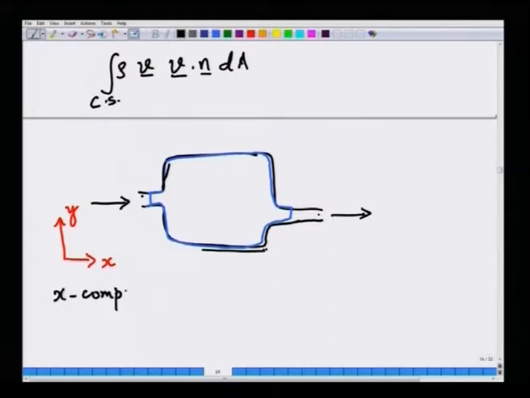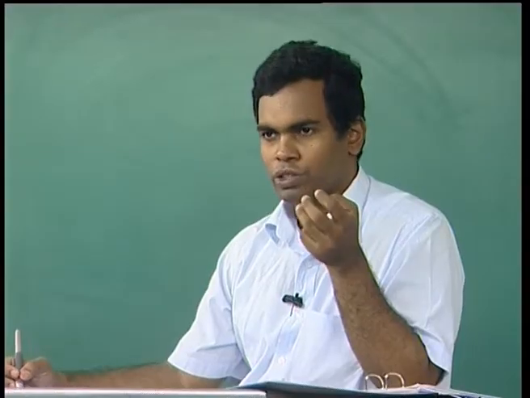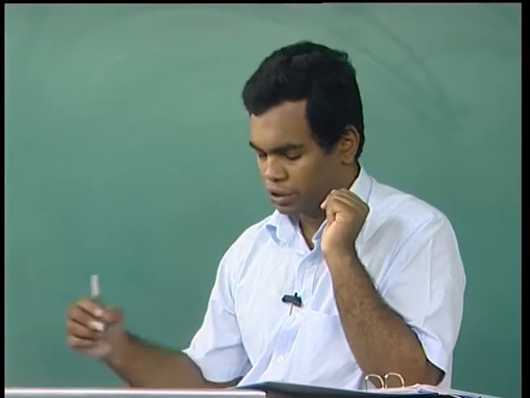This is a vector equation, remember. Whenever you solve a physical problem, you have to solve it component wise. Now, if you want to write the x component, remember the velocity vector is written as u times i plus v times j plus w times k, where i, j, k are the unit vectors in the x, y and z direction, and u, v, w are the scalar components of the velocity vector in those three directions.